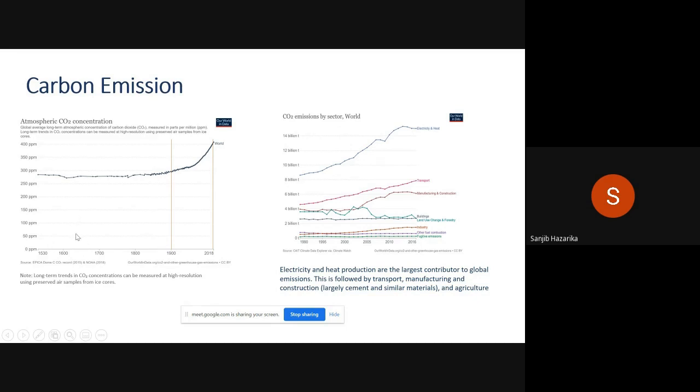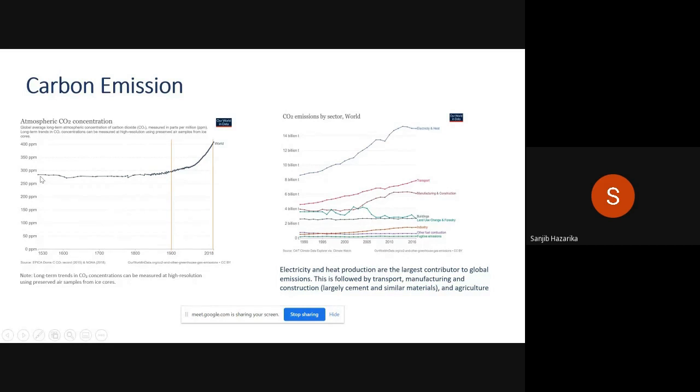This carbon dioxide in the atmosphere can be measured using samples of ice cores that were formed during that time. I think it's measured using ice from South Antarctica or the South Pole, where ice is not melted for a very long period of time.